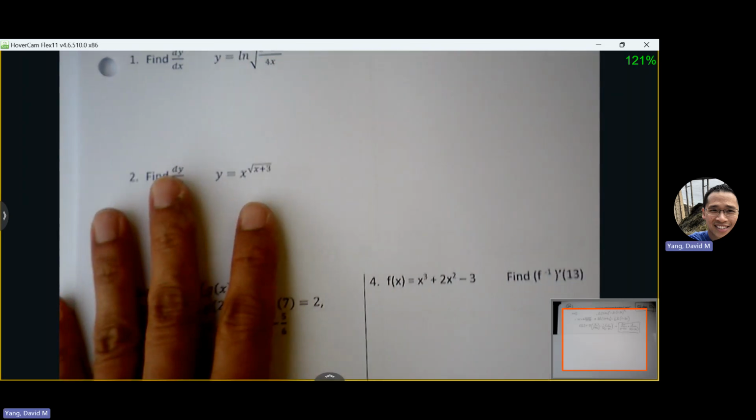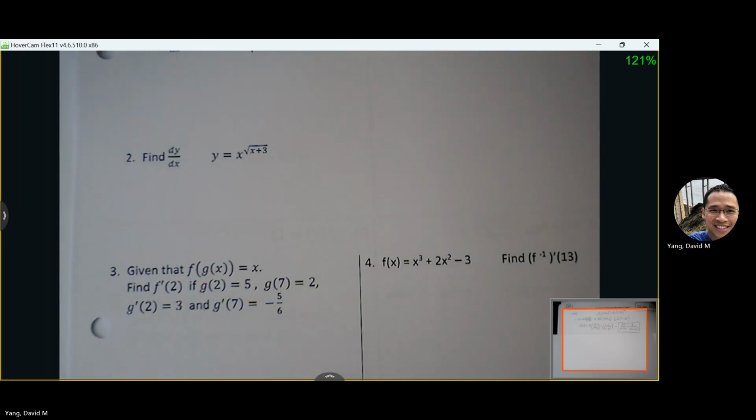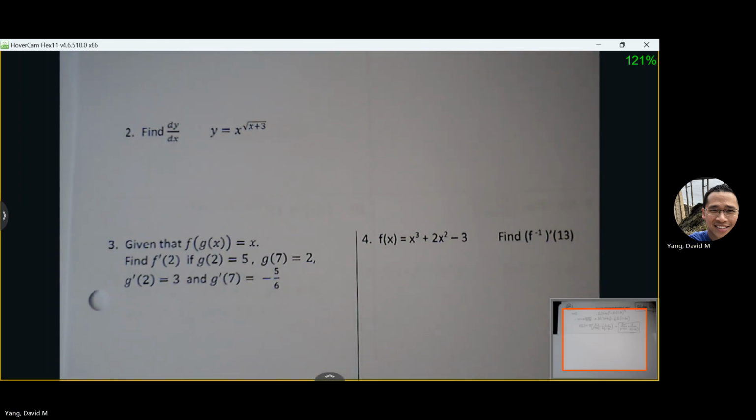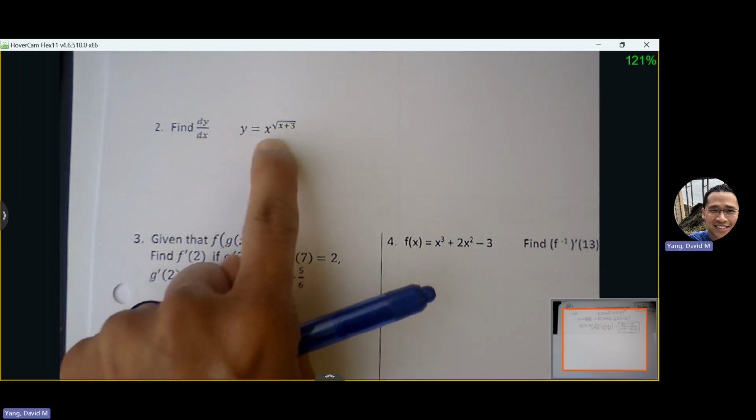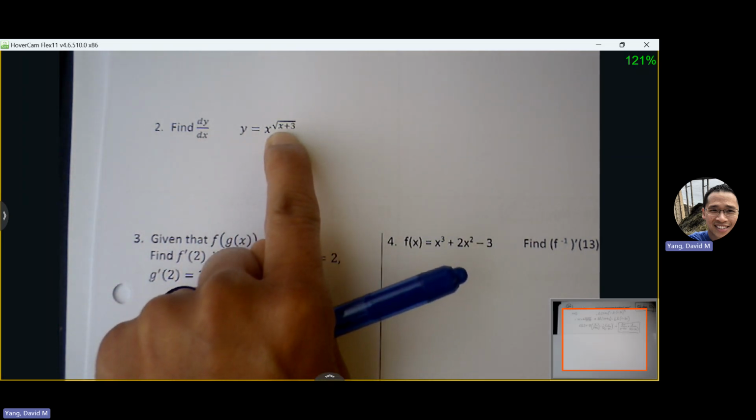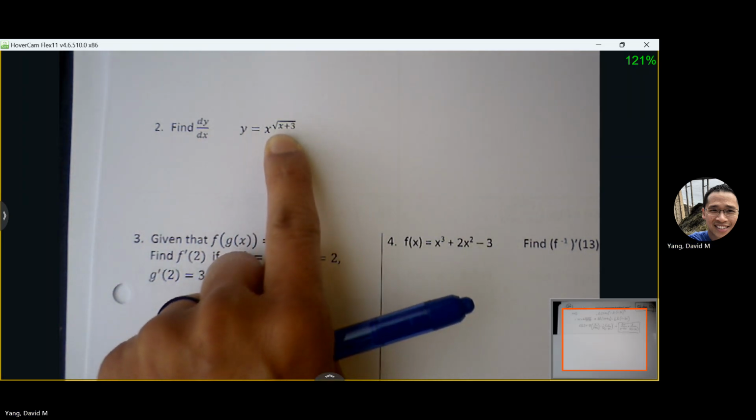I want to start off with number 2. So number 2 says find dy dx, y is equal to x raised to the square root of x plus 3.